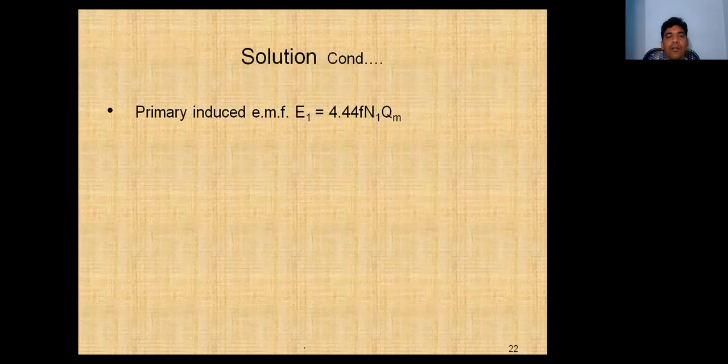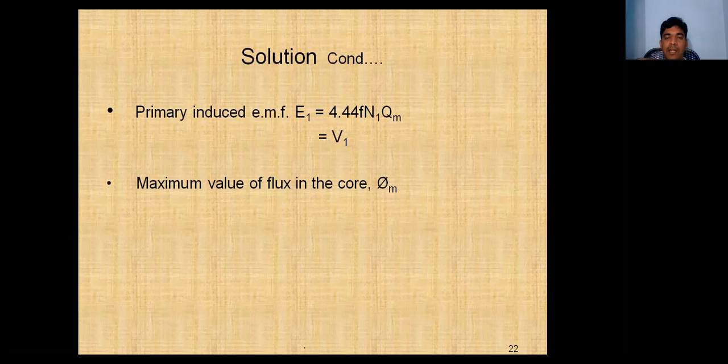Primary induced EMF E1 is equal to 4.44 F into N1 into phi m, that is equal to V1.